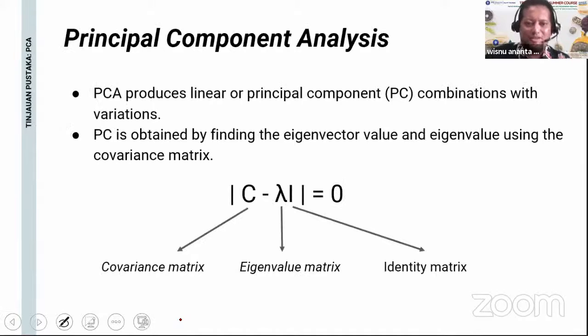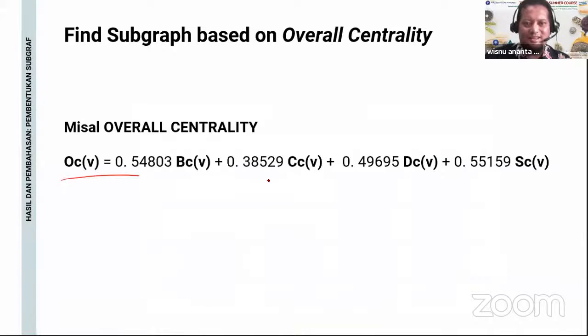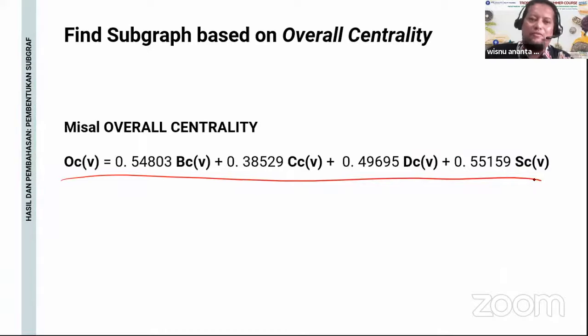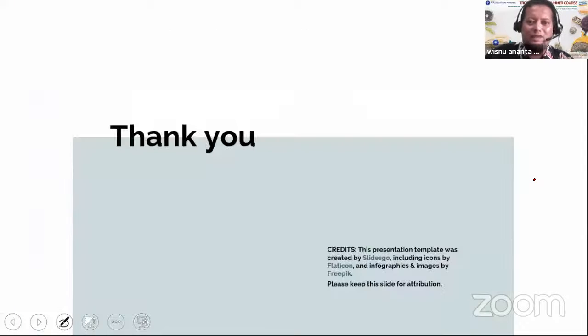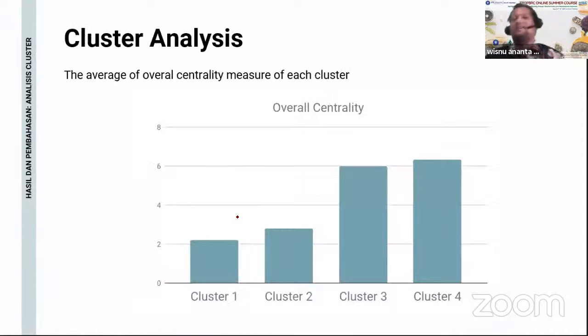For example, this is the formula of overall centrality, and then we can examine or analyze the proteins that have the highest overall centrality to be candidates of proteins that have an important role in the mechanism related to a specific disease.